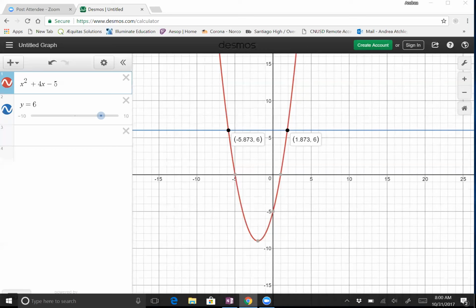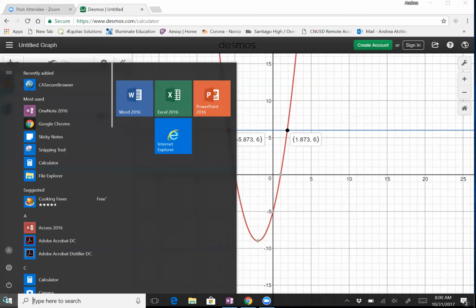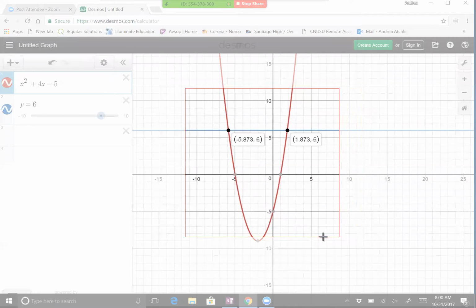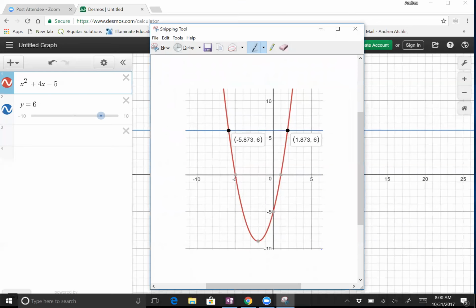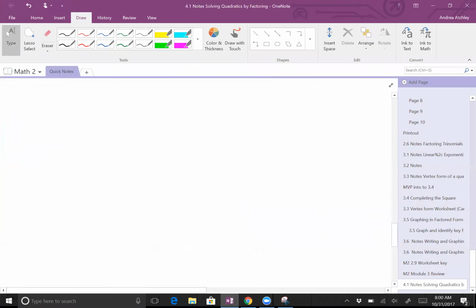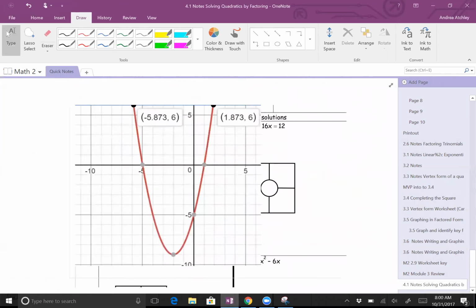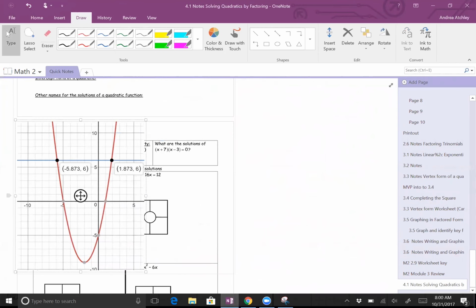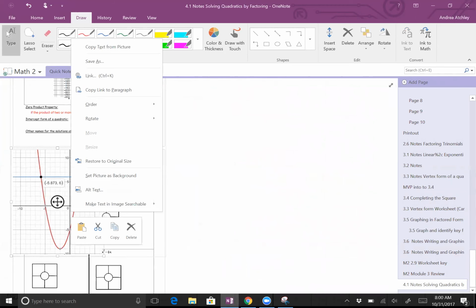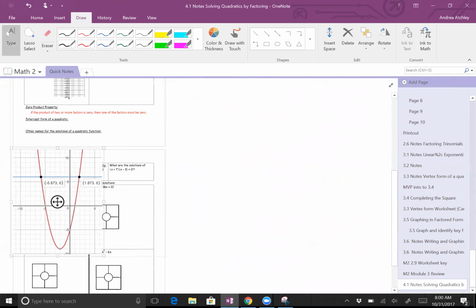So I'm going to see if I can snip this. Paste. Well, let me do this.